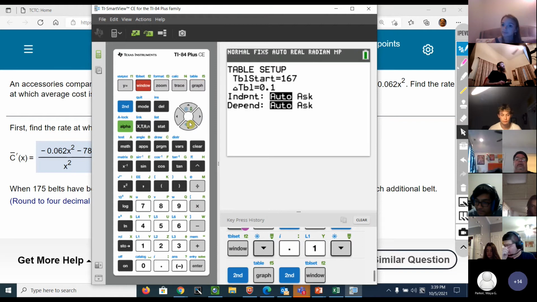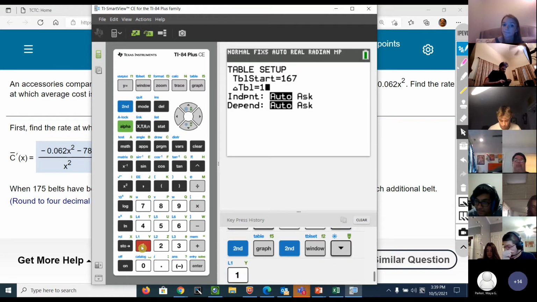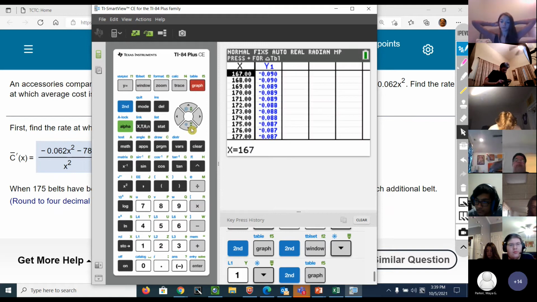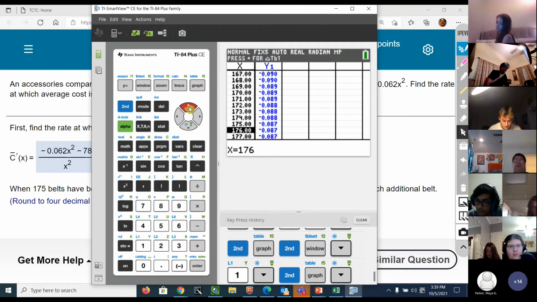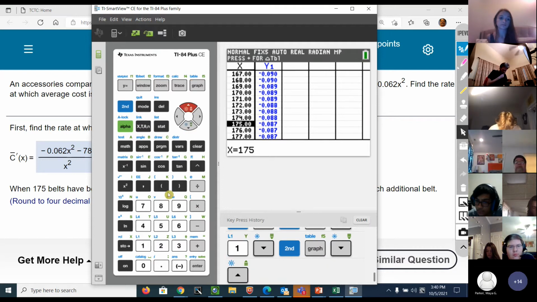Table set, change it back to 1. Second table. Like I said, I didn't have the 4th digit. There's 175 right there. I just wonder if you could find that on Google.